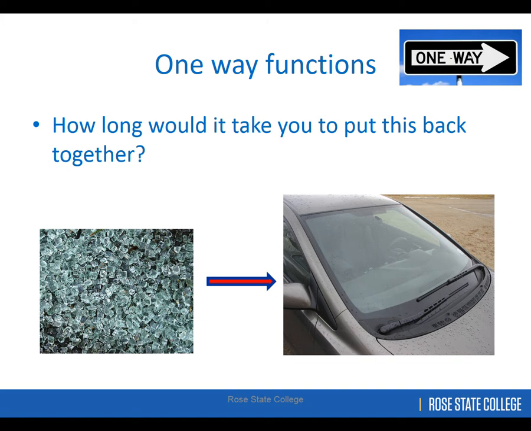It's kind of like if you broke a windshield into a million pieces, could you ever put it back together again? You can shatter it. You can't unshatter it. Same with password hashes. You can create the hash. You can't unhash it. So people ask, how do we break passwords? Well, if they're stored in a hash value, we use, at least in forensics, a program called John the Ripper.